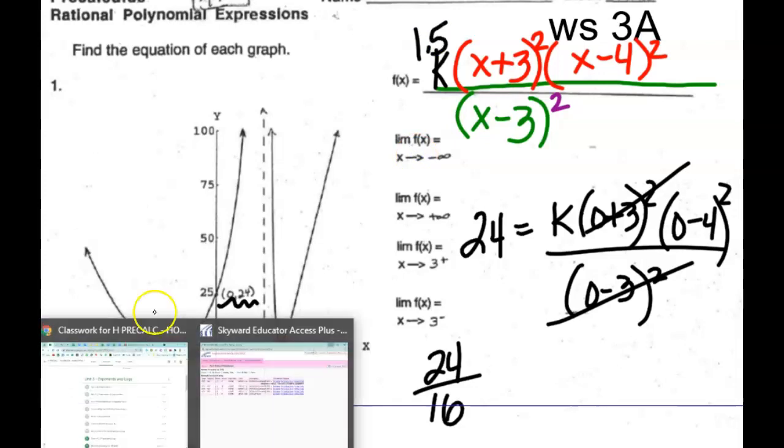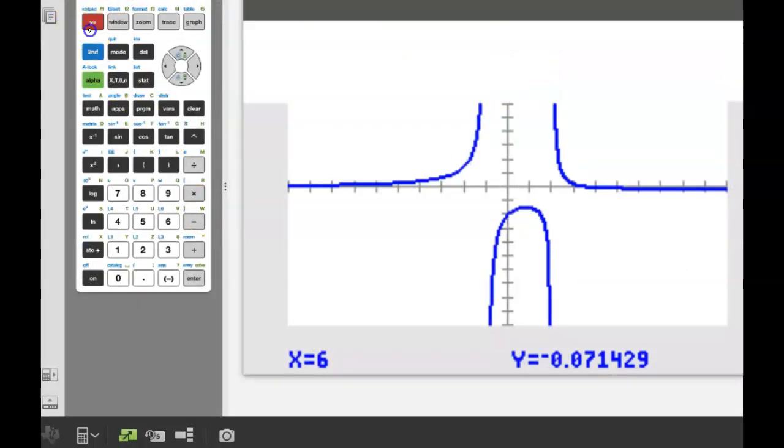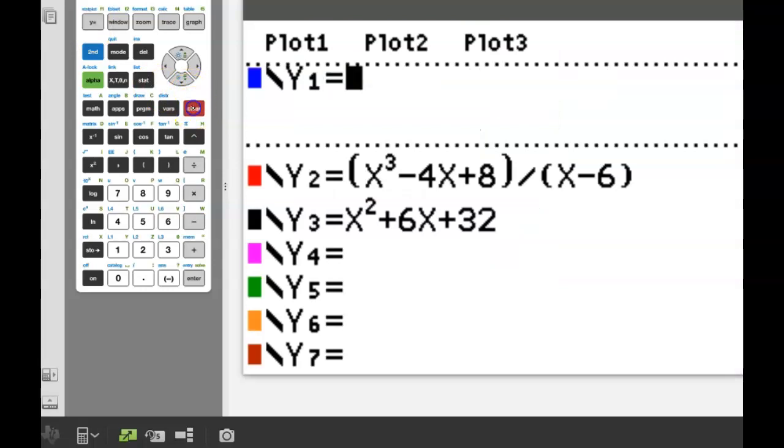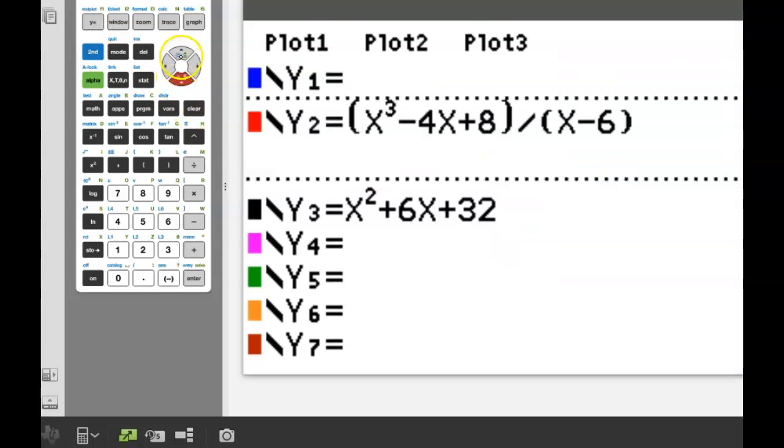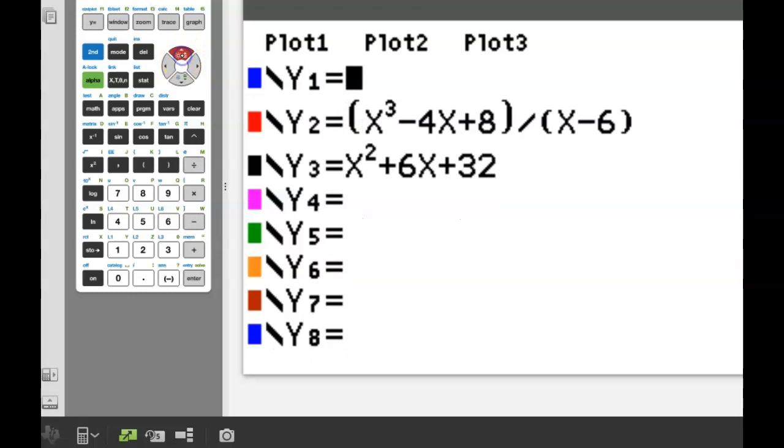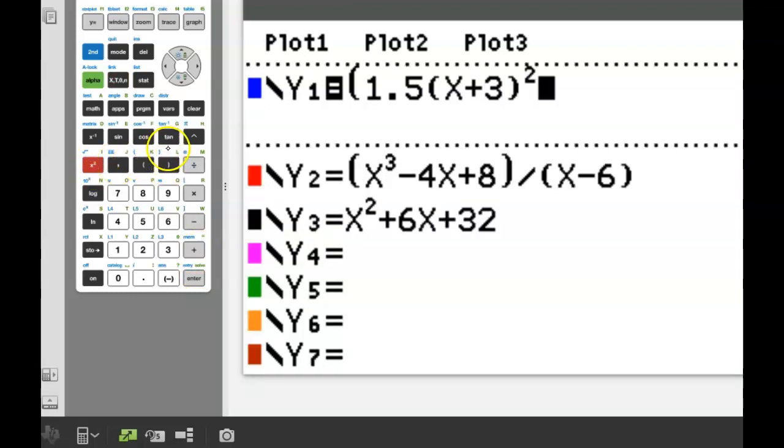So I'm going to put this in my calculator and see how we did. No guarantees we did it right. Okay, what did we have on top? Parenthesis. We had k was 1.5, and then we had an x plus 3 squared. Okay, is that it on the top?